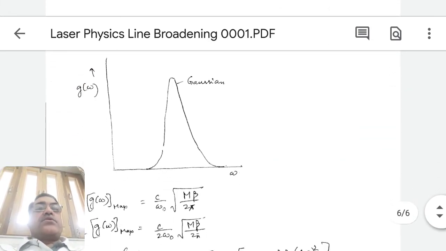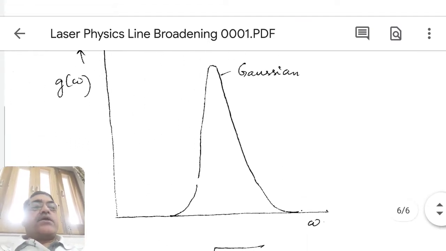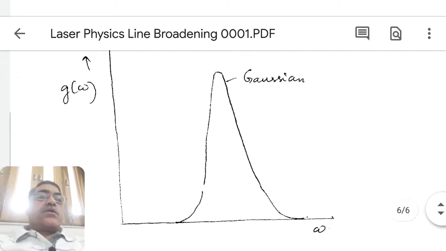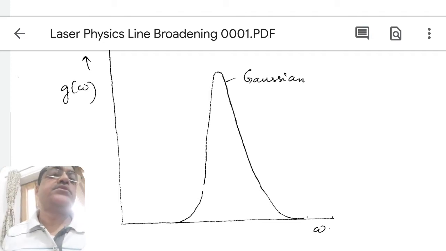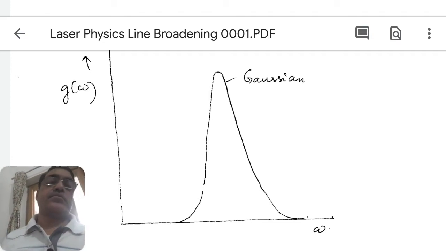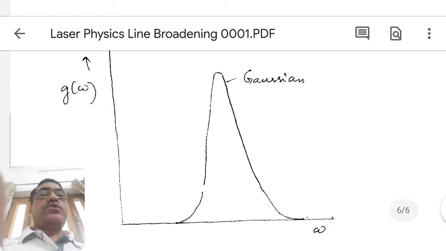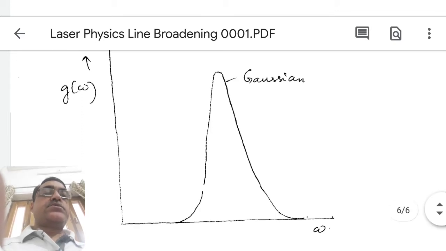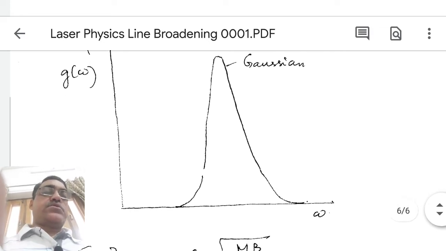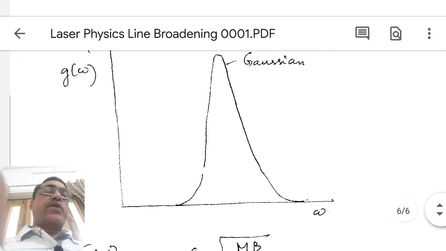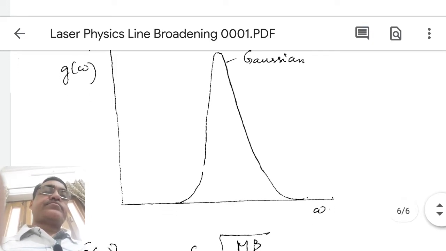If we plot this function, we see that the Gaussian function is like this, and it is something of the form e is equal to e naught exponential minus x square by a square, where a is constant. So it is sharply a bit peaked around the maximum.